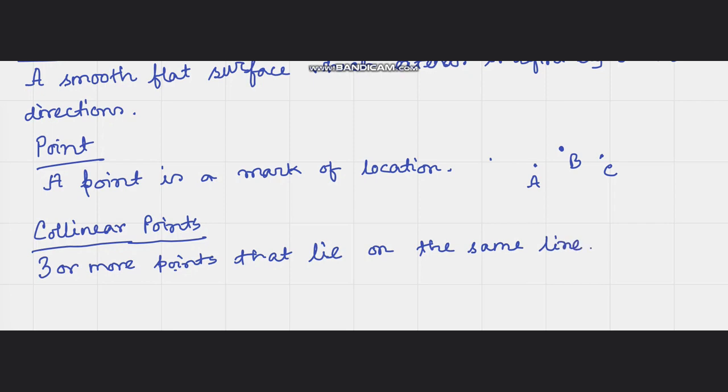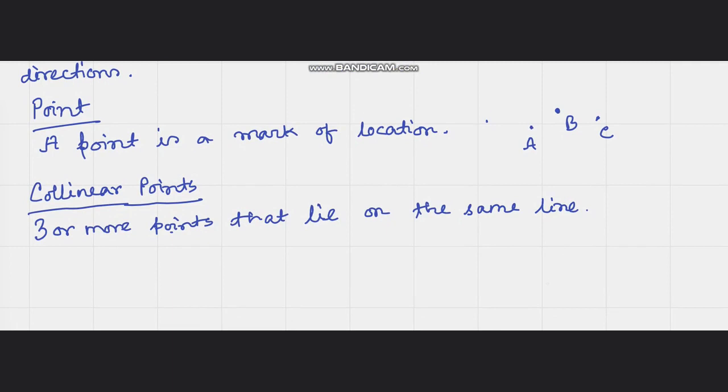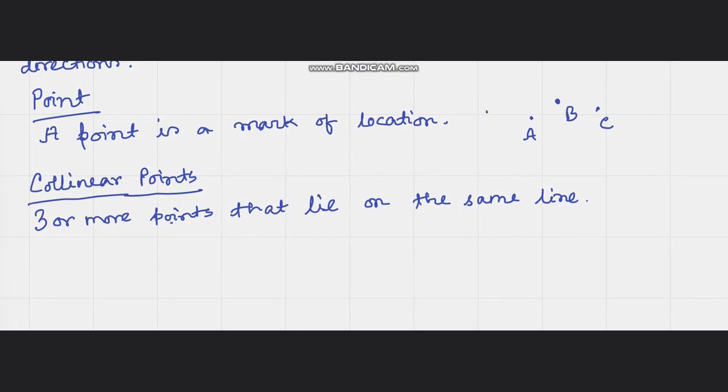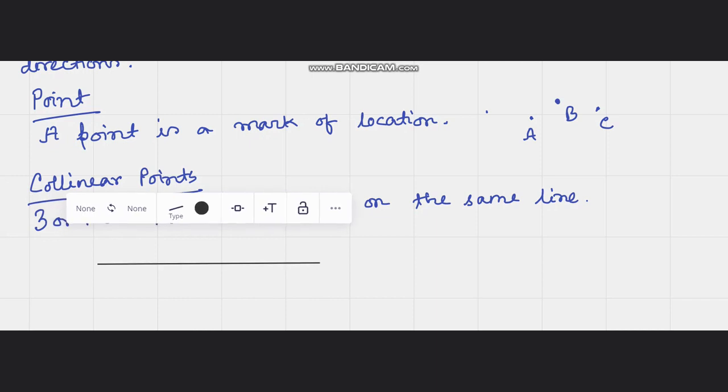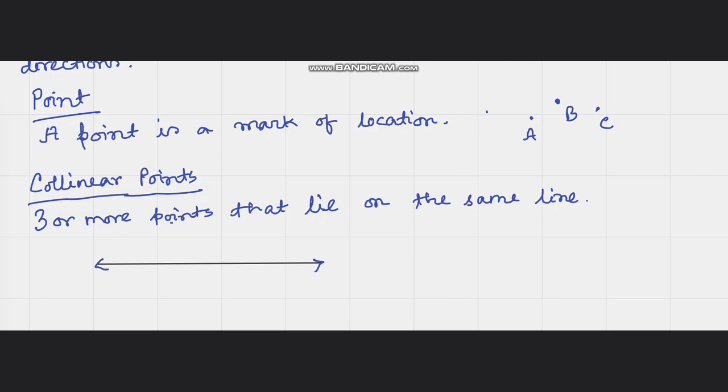Let us draw a picture of that. Let us take this line and now draw some points on top of it. A line, we know, we can extend in any direction.